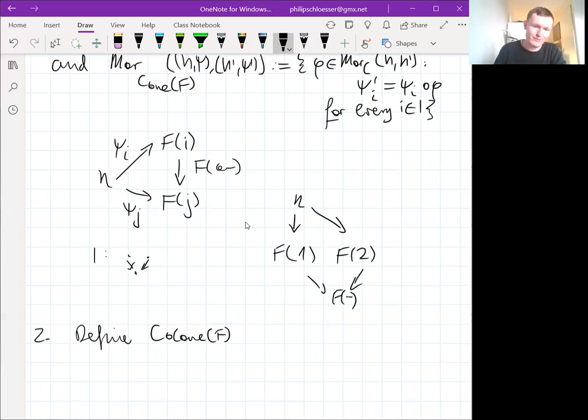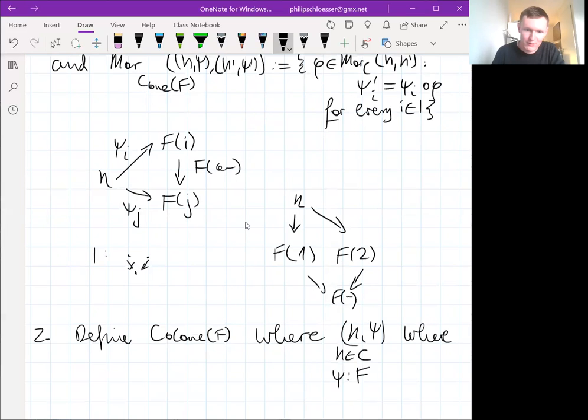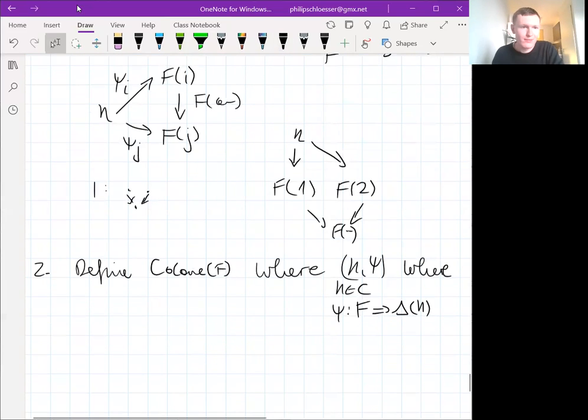So we have (N, psi), where N is an object of C, and psi is a natural transformation from F to the constant functor Delta N. Basically saying that we now don't have maps from N into our diagram, but from our diagram to N.